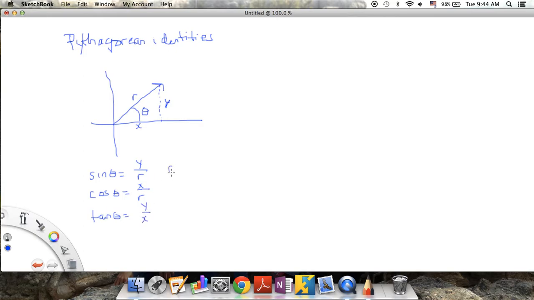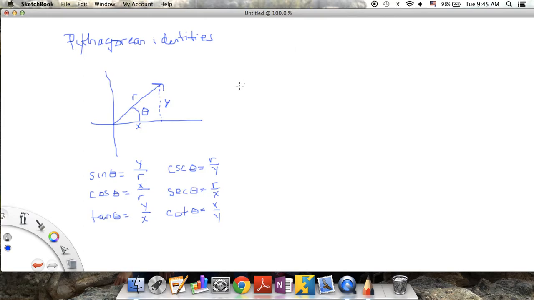And we know we have some reciprocal functions too, that the cosecant of theta is the hypotenuse over the opposite, and the secant of theta is the hypotenuse over the adjacent, and the cotangent of theta is the adjacent over the opposite. Okay, these are all things that you should know cold. You know those without having to worry about any of it.